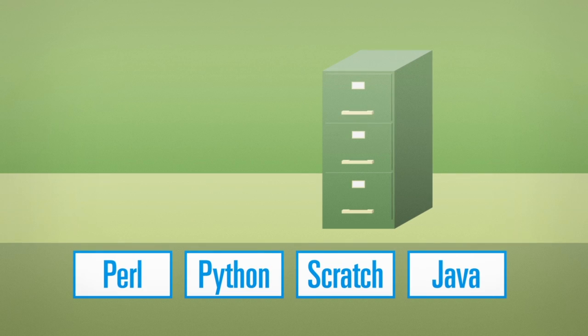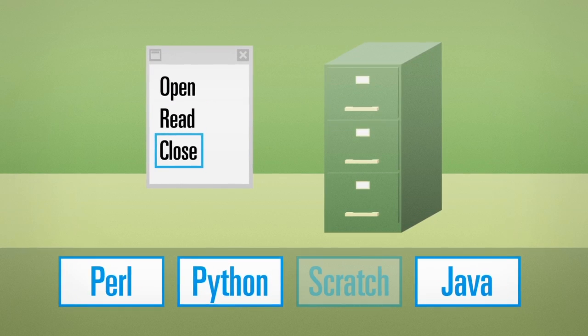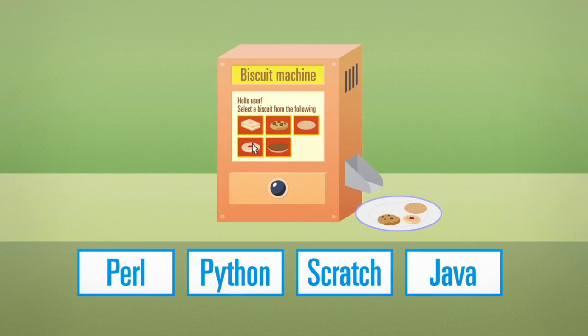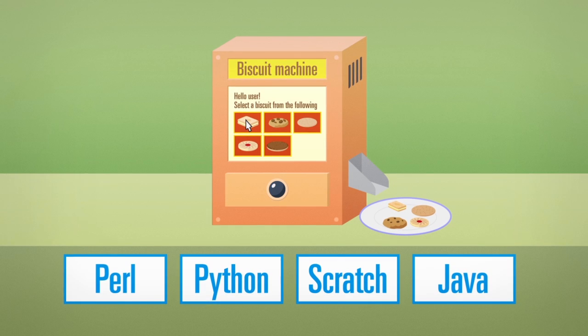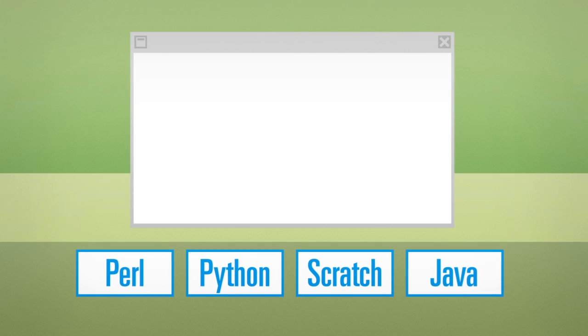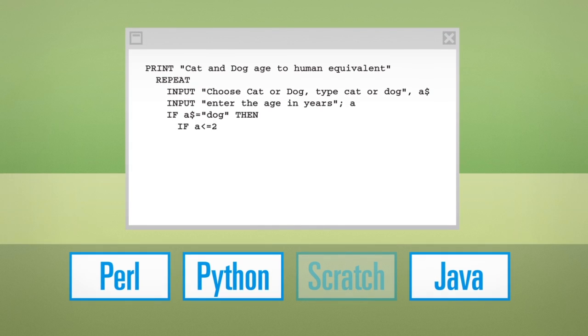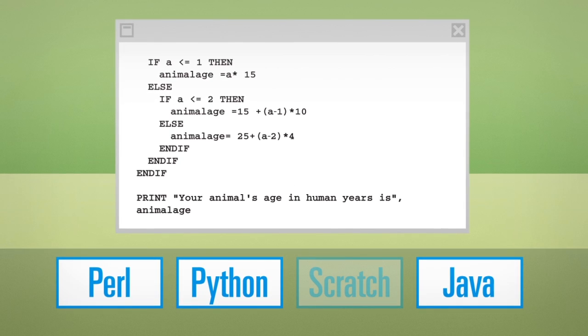For example, it isn't possible to show that you have used file handling techniques using the programming language Scratch. However, if the task requires you to create a graphic user interface, GUI, Scratch would be a good choice. You will also have learned a text-based programming language, and this is often the best way to demonstrate your programming skills.